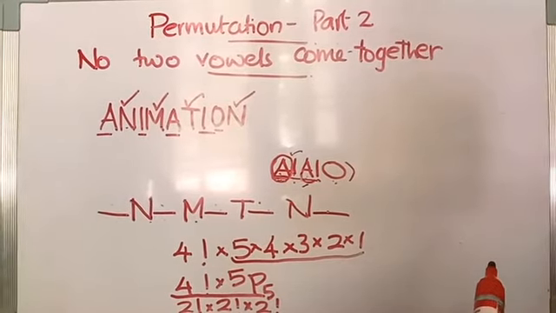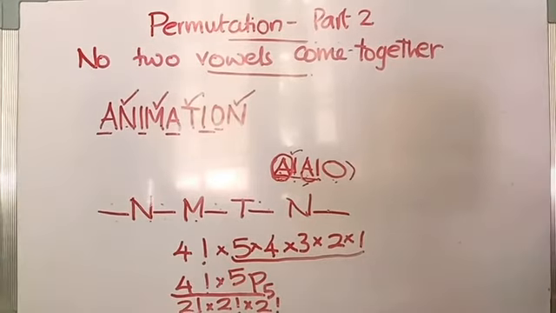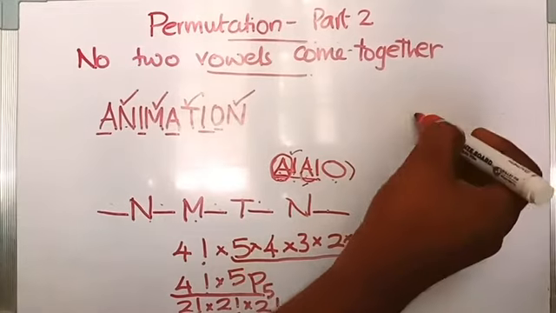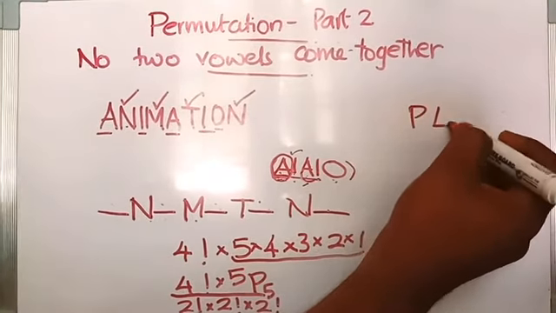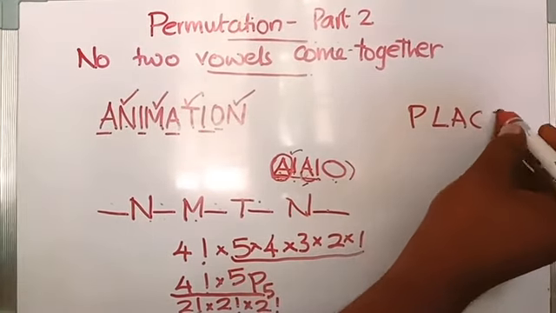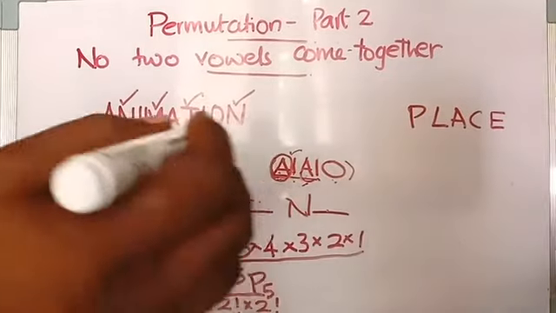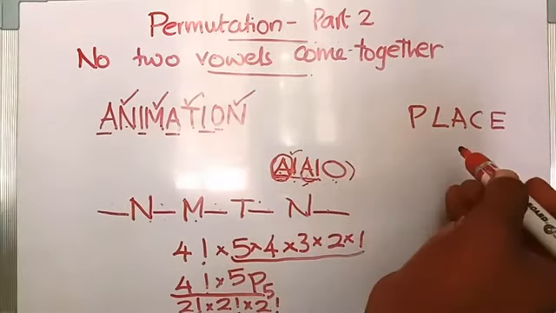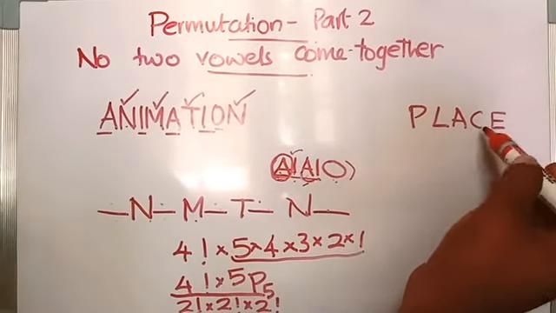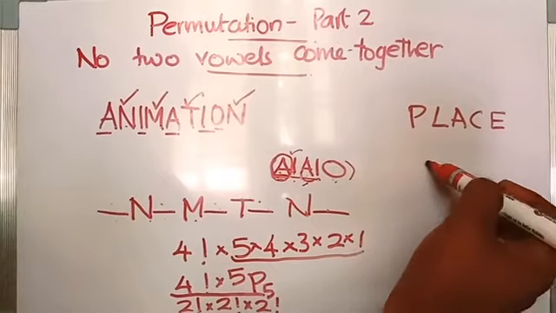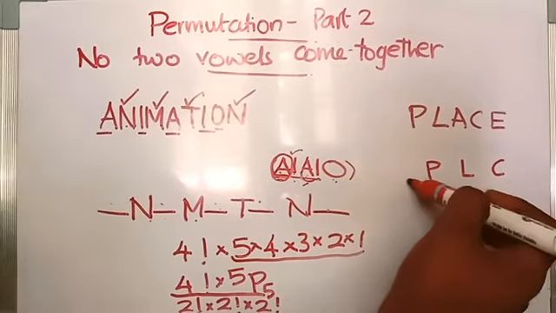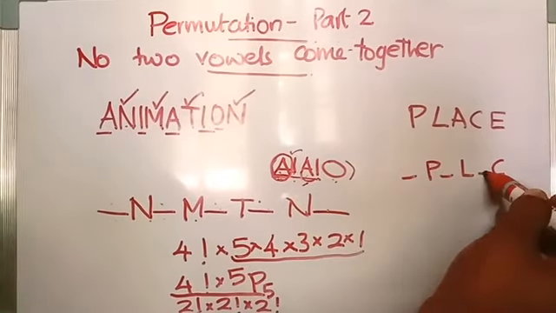If you see another question, the question is: no 2 vowels come together. So in this case, first we have to arrange the consonants, which are P, L, C, so that the vowels can occupy any of these places.